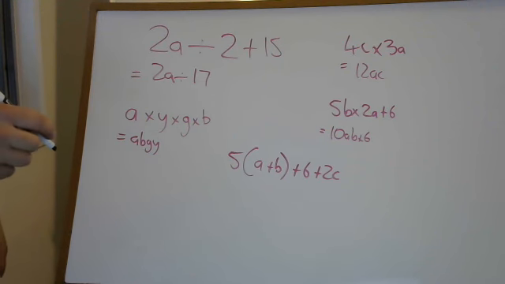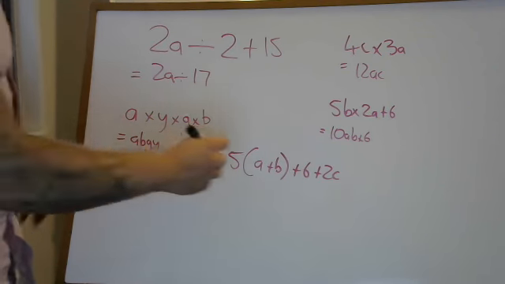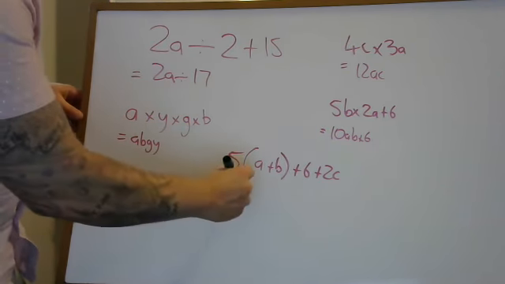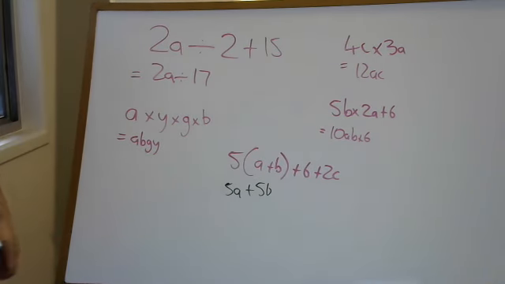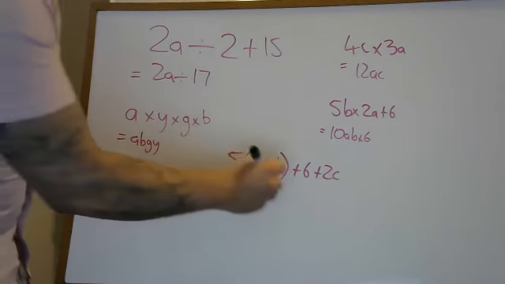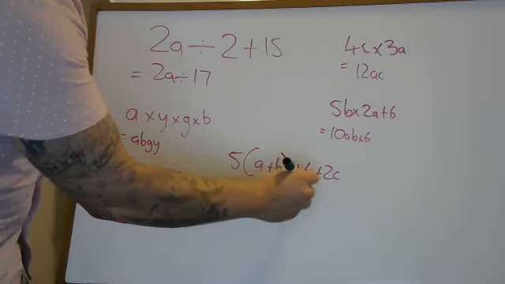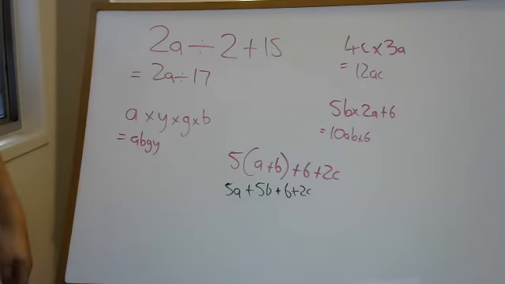So, 5a, simplify the brackets. 5a plus 5b plus 6. Is that as simple as we need to go, or do we need to reorder things a little bit?